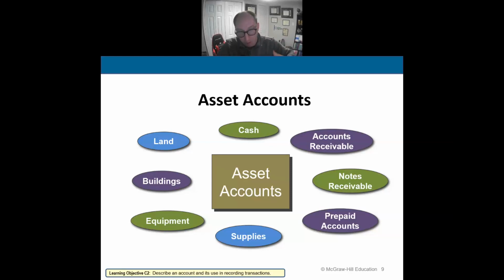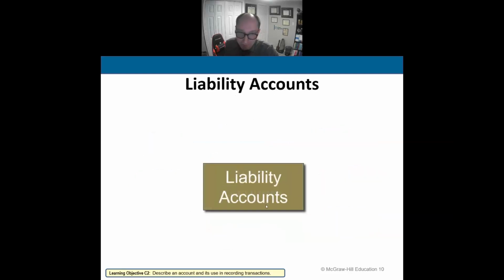So after each month passes, I would write what we call an adjusting journal entry to represent the consumption or the use of that insurance at the end of each month. But that's why prepaid accounts are considered an asset, because until it's used, you still have a claim to that cash. You can still use that cash for other purposes. That's one of the caveats about prepaid accounts. Good discussion.